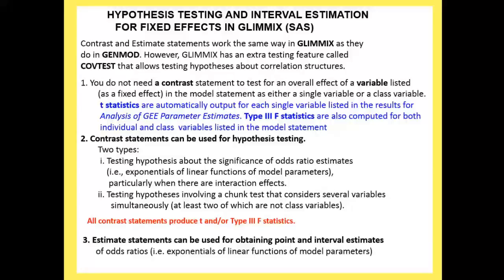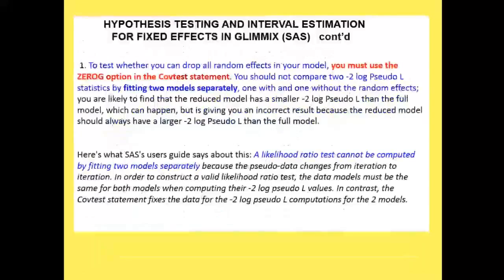So anyhow, that's more or less what I wanted to say as a review of what we said about GLIMMIX. But the last thing we were spending some time on was this COVTEST procedure. So why was that such a big thing? Why did I make the point that it's a new nice thing to have?